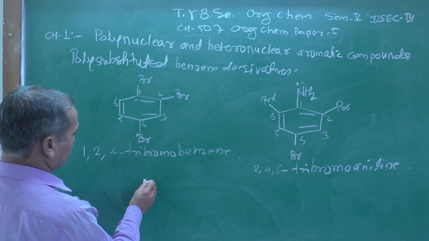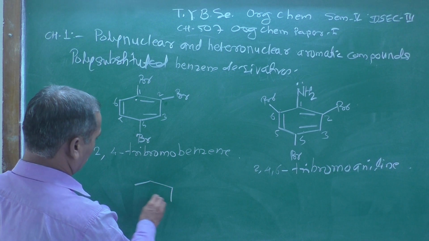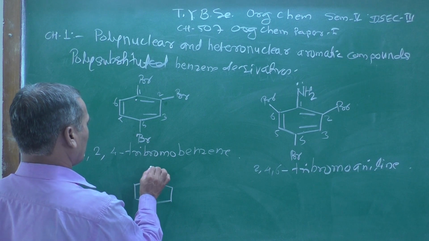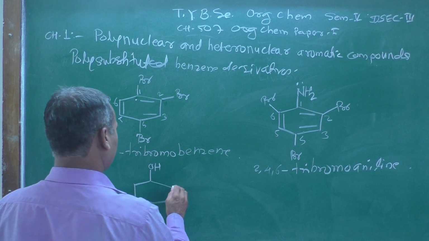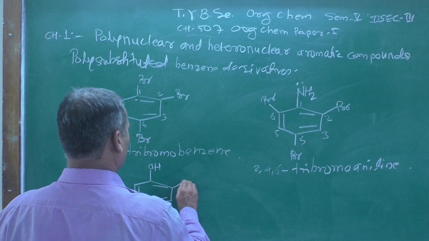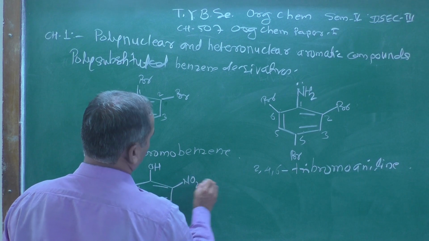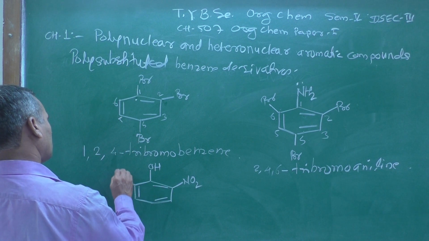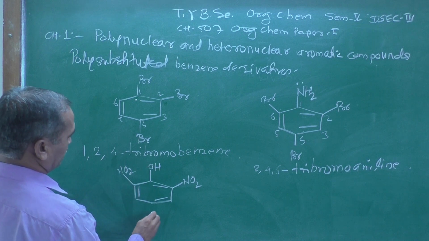Now let me draw another example, which is polysubstituted. Here is a benzene ring with an OH, then here I am attaching this kind of group.